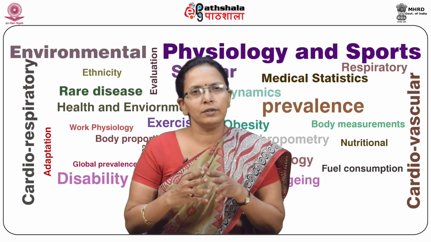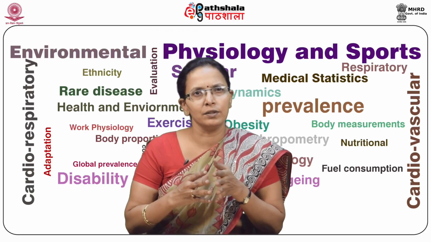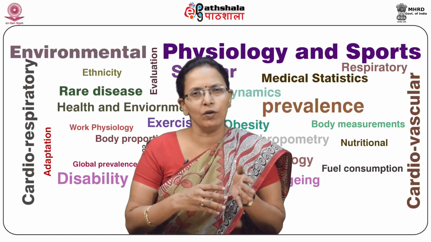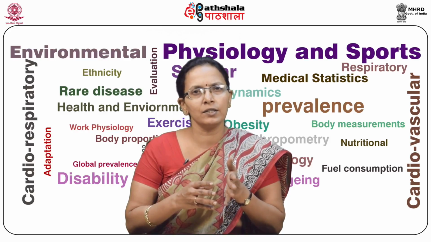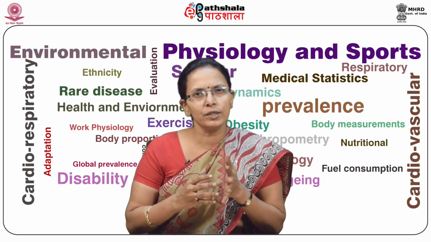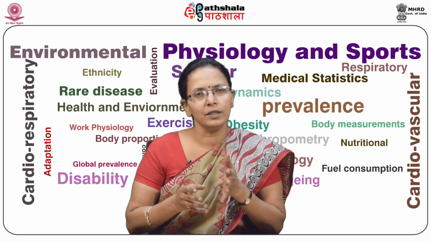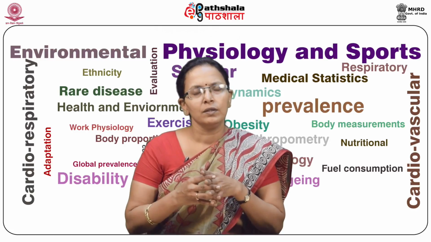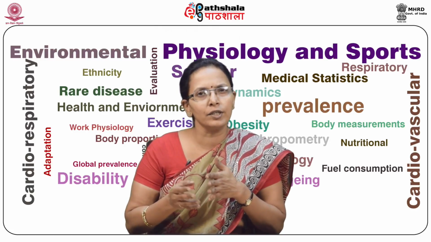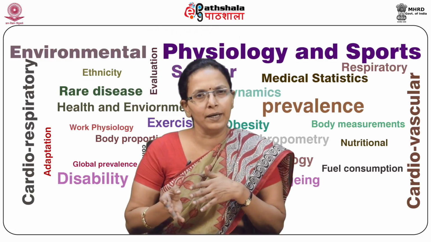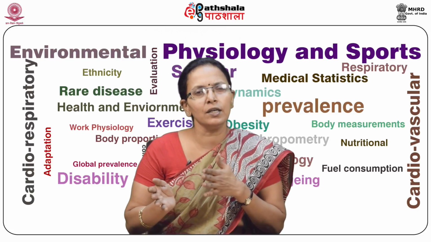To ensure that the test is being performed at the appropriate level of intensity, the target heart rate, that is THR, is calculated using the heart rate reserve method. The target heart rate is equal to the heart rate reserve multiplied by the desired intensity plus the resting heart rate.